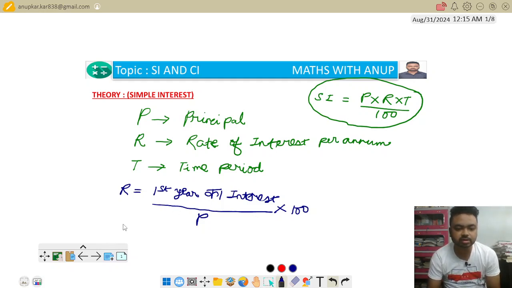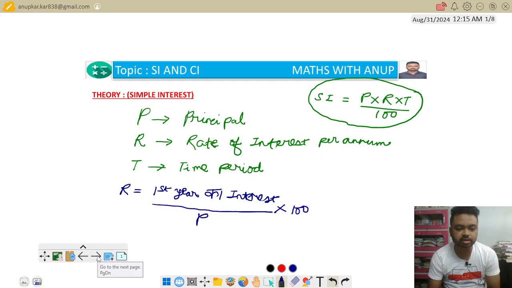So rate formula is first year का interest upon P into 100.